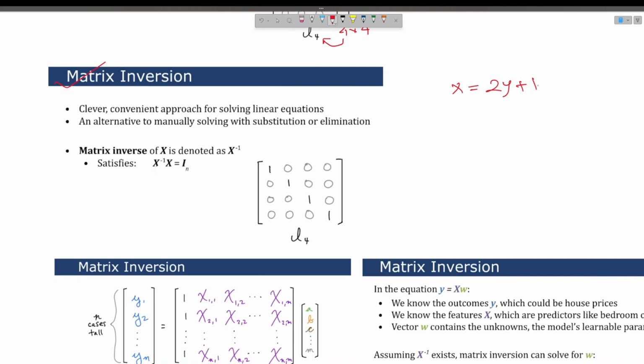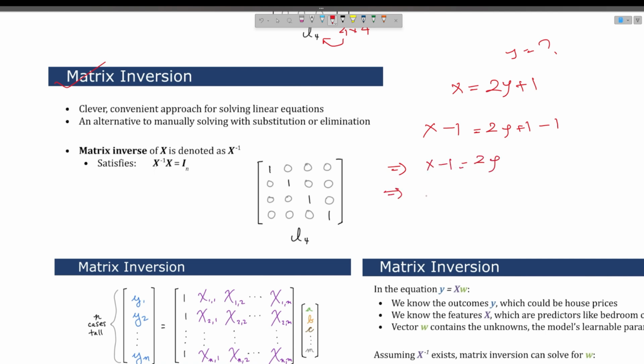We are looking for the value of y. First we eliminate the 1 from both places: x minus 1 equals 2y plus 1 minus 1. Then we end up with x minus 1 equals 2y, right?